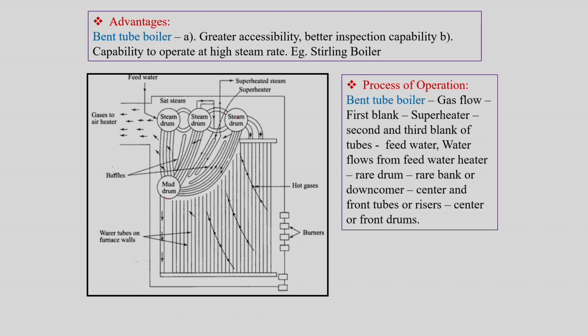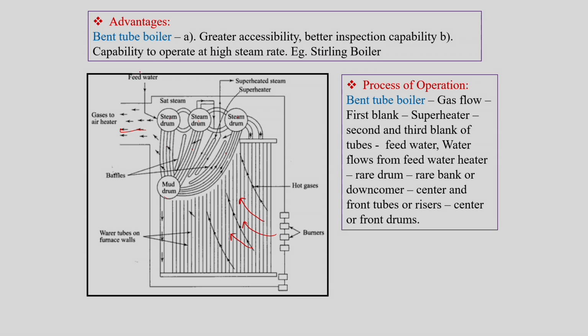So, here we will have a burner, and this burner would pass the flue gases, and those flue gases will pass over the front, second and the rear tubes, and then go to the air preheater.